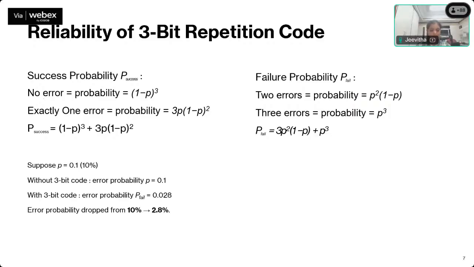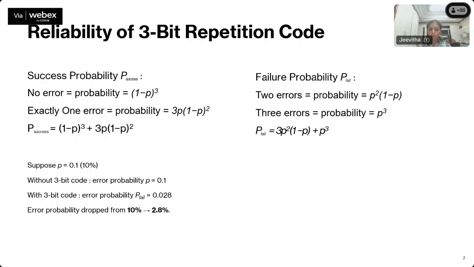Now let me take an example. Suppose P is equal to 0.1. It means that the probability of occurrence of error is 10%. Without the 3-bit code, or without any error correction code, the probability remains the same, because no error has been detected or corrected. But when we apply the 3-bit repetition code, you just substitute P in this P fail, and it reduces to 0.028.